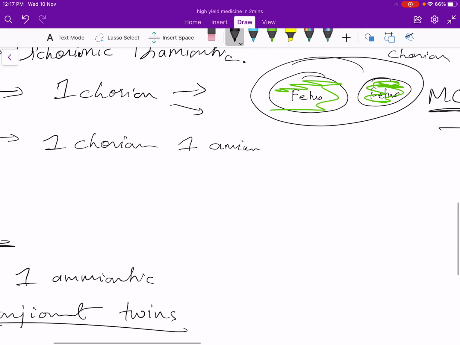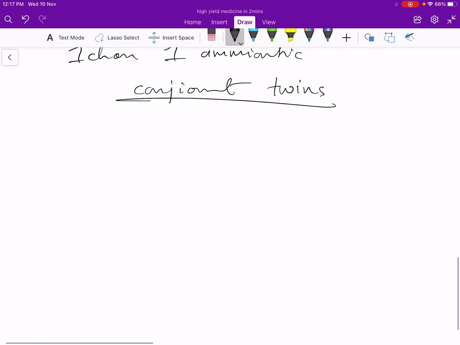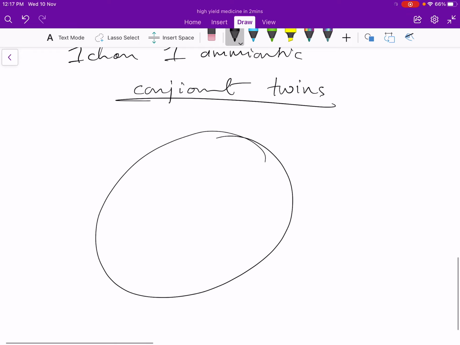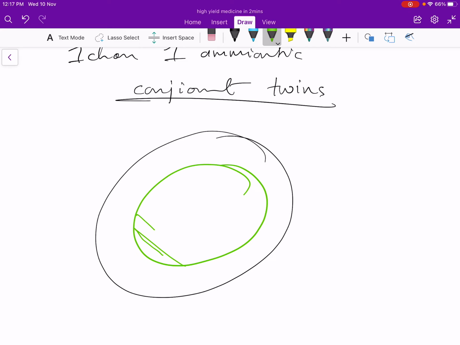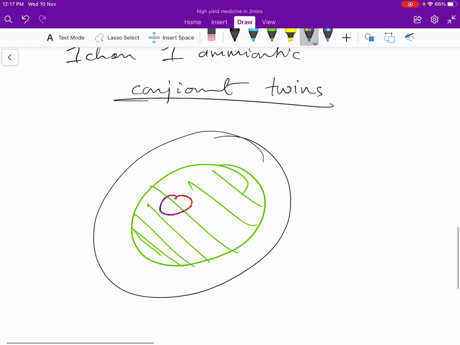It's going to be somewhat like this. I'll draw it for you. This is a chorion. In this there's the amnion, and in the amniotic fluid there's one baby, and the other baby is joined to this. Both are joined, that leads to a conjoined pregnancy.